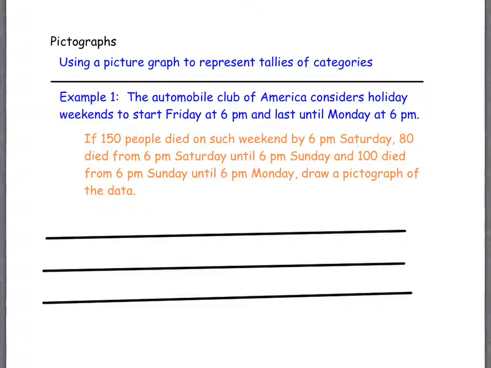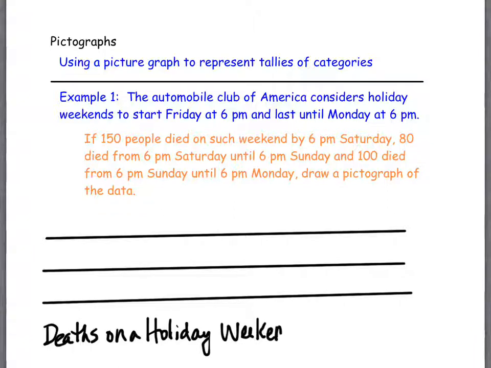We actually have to write that down. So let's start with the description of this graph. What is this going to be? Deaths. Deaths on a holiday weekend. It's a happy, fun problem.